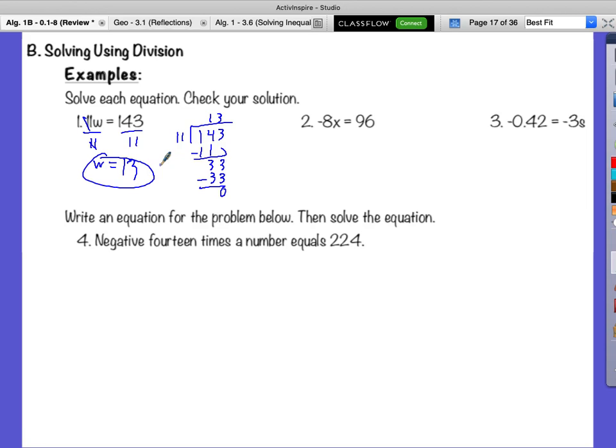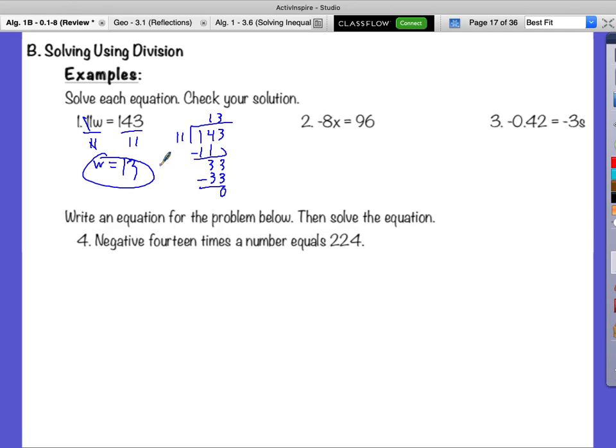So we had to do what to undo multiplication? What do we do to undo multiplication? Division. So what are we gonna do to both sides? Divide. Divide by what? What are we multiplying by? Negative 8, so divide by negative 8.